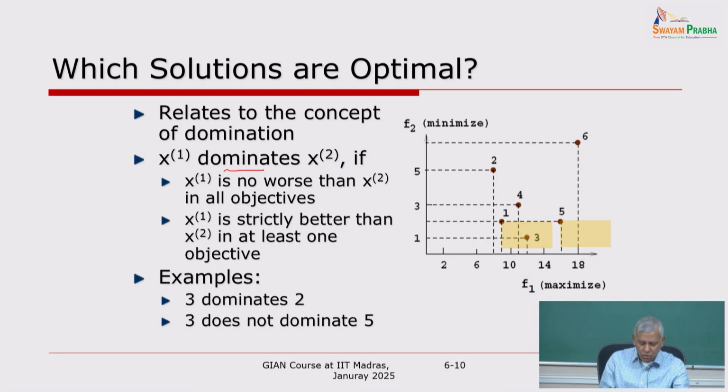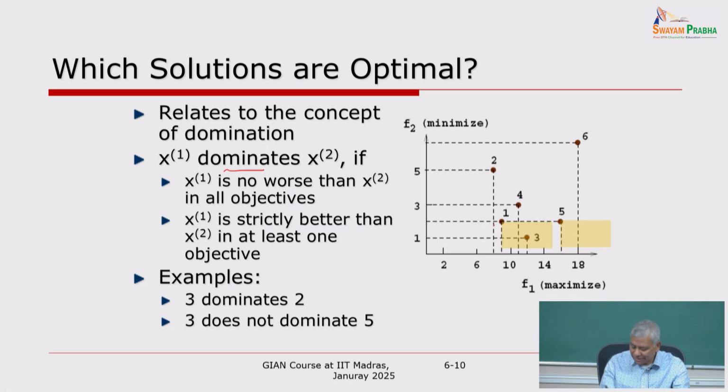There are two things you have to satisfy. x1 cannot be worse than x2 in any objective. They can be equal in some objectives, but x1 cannot be worse. And x1 has to be strictly better than x2 in at least one objective.